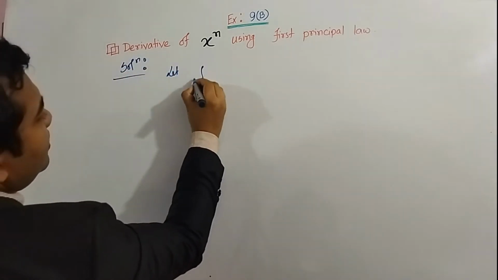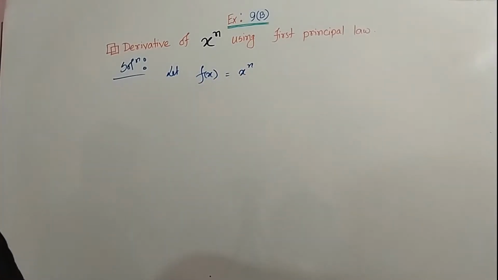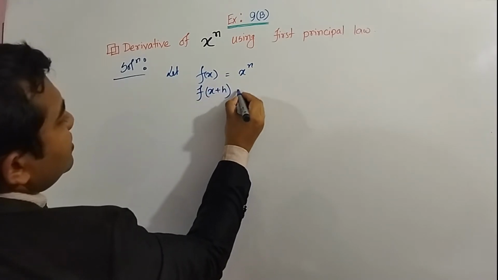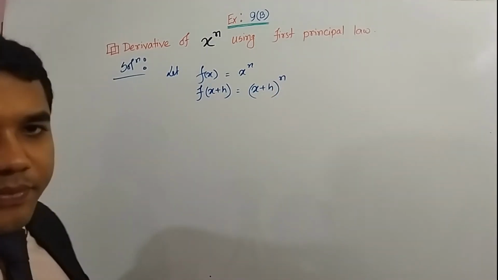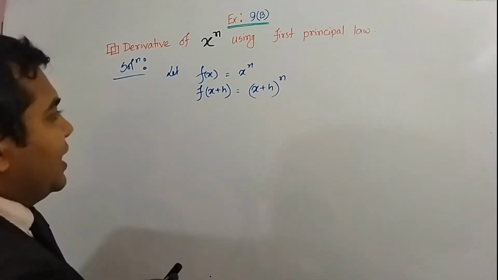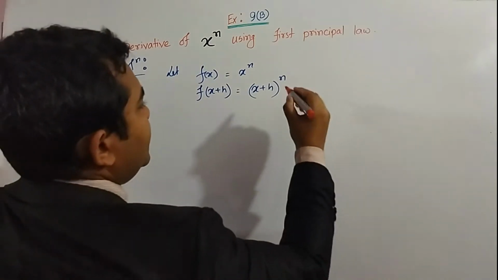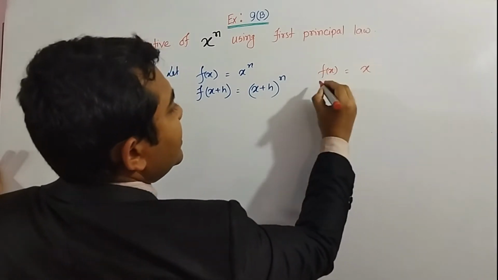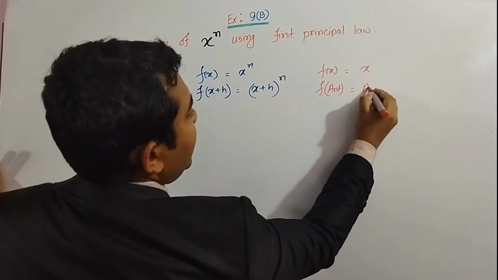Let f of x equal x to the power n, then f of x plus s is x plus s whole to the power n. I think you all know that if f of x is given, say for example x, then f of ant should be ant.